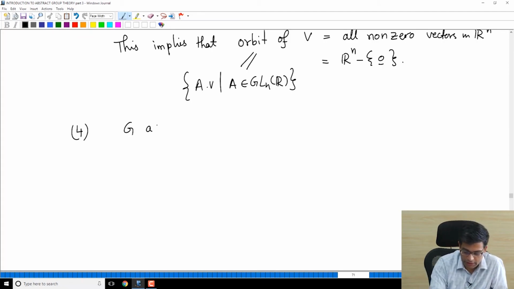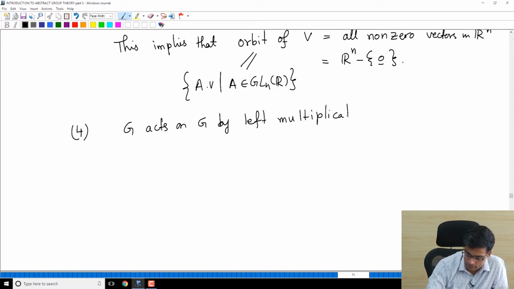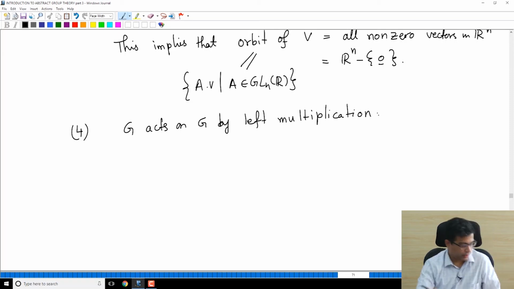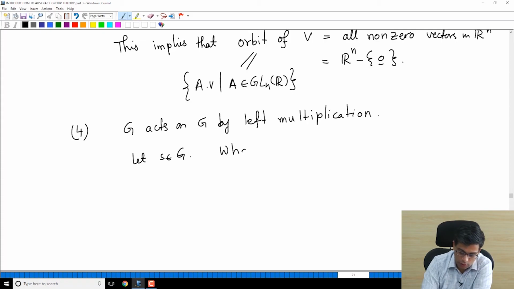So now G acts on G by left multiplication. Right? In this case what happens? So take an element s in G. What is the orbit of s? Let's calculate this.